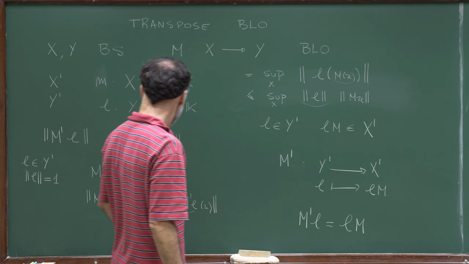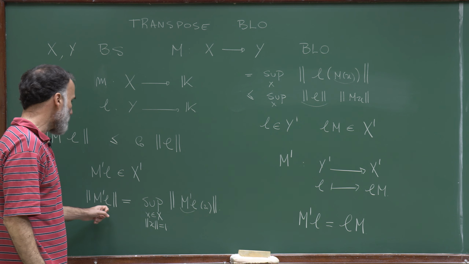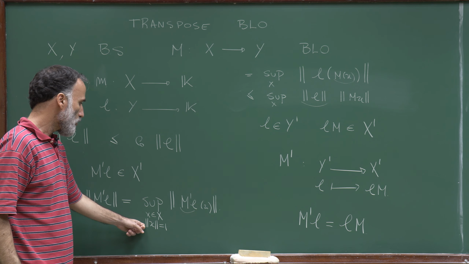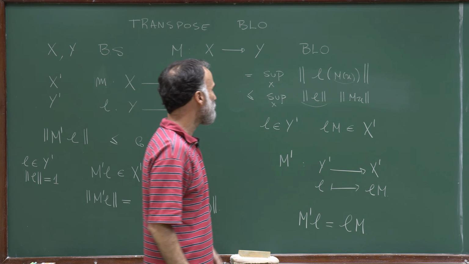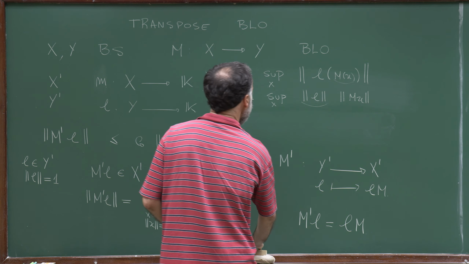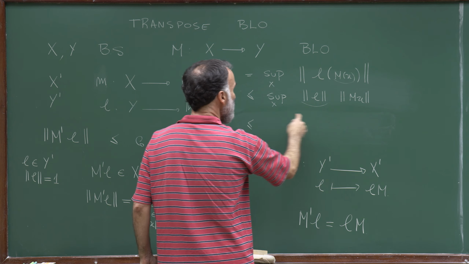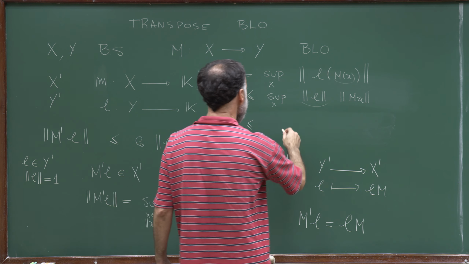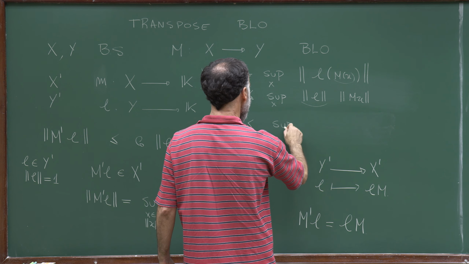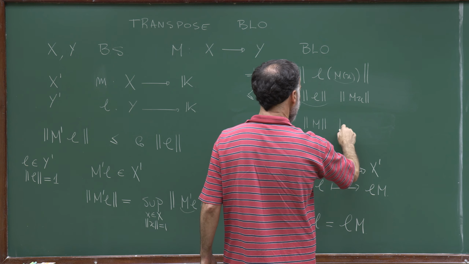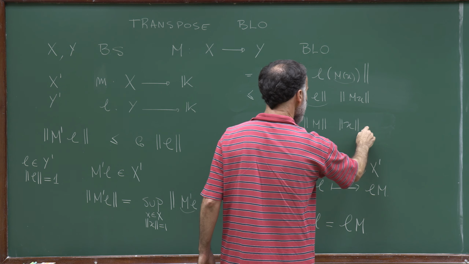And what we get is that the norm of M prime L is bounded by the supremum over all x whose norm is equal to 1 of the norm of Mx. And again, since M is a bounded linear operator, this is bounded by the supremum over x of the norm of M times the norm of x.